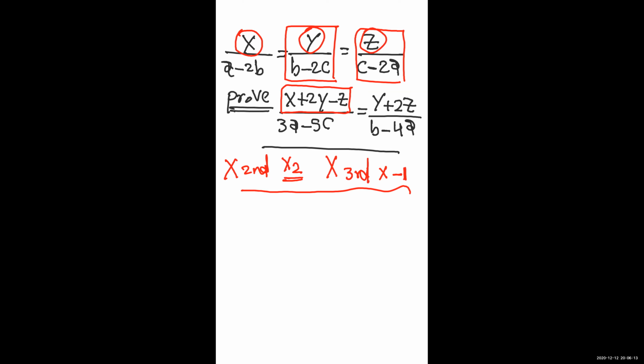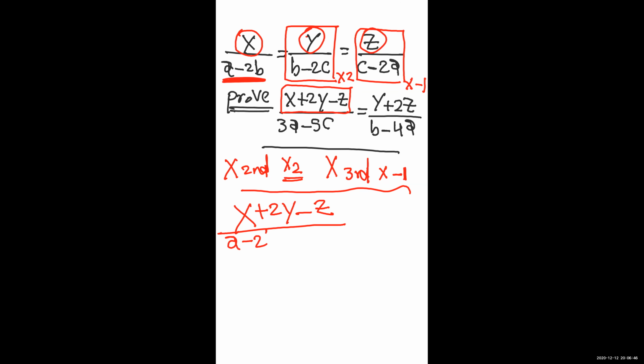Okay, then add. The first one will be the same, x. Then the second antecedent, y, we multiply by 2, so plus 2y. Then z, we multiply by negative 1, so minus z. Over a minus 2b, the first denominator, will be the same.